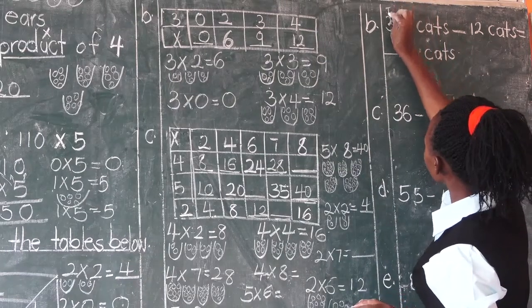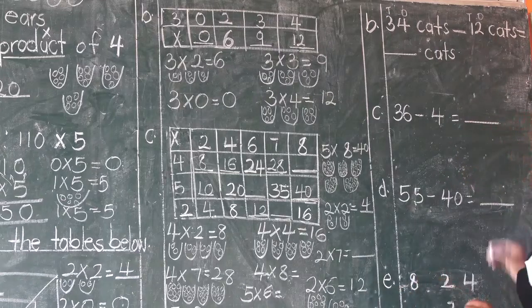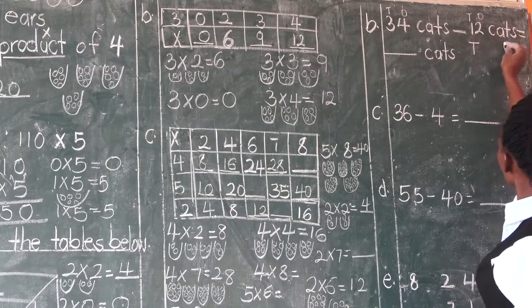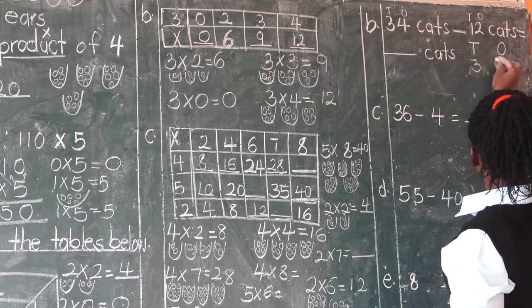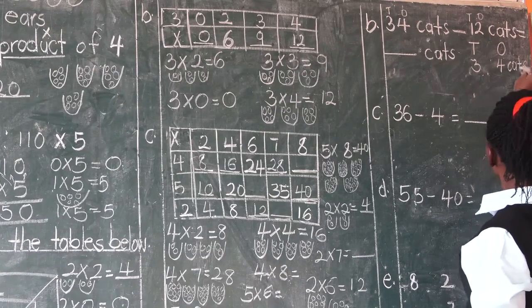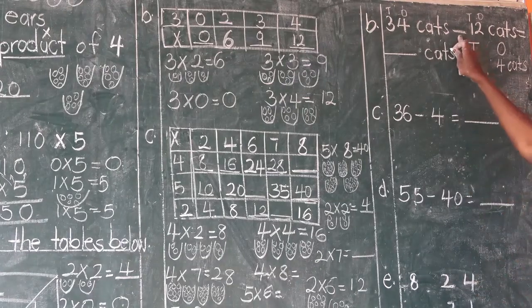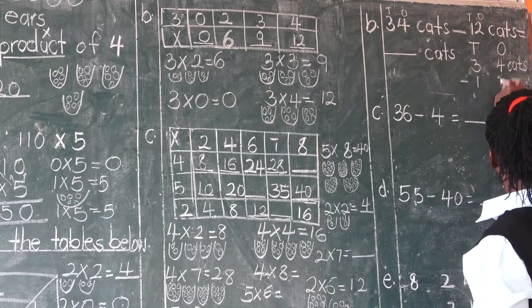Ones, tens. Okay? Now here write tens and ones. Here we shall have 34 cats. Take away 12 cats.